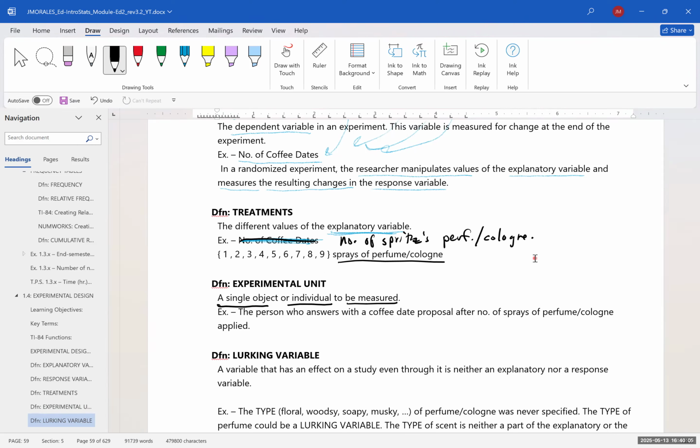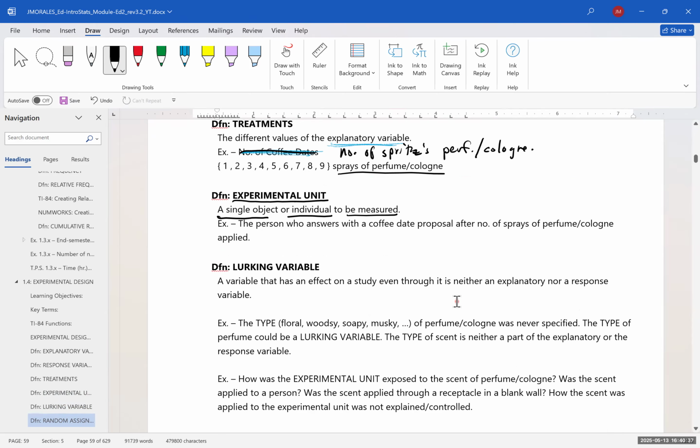You would say I sprayed an experimental unit. Okay, so it's an impersonal way of referring to the object of study. And the reason for that is to try and keep personal feelings out of experiments, out of experimental measurements. So that's why we use the term experimental unit.